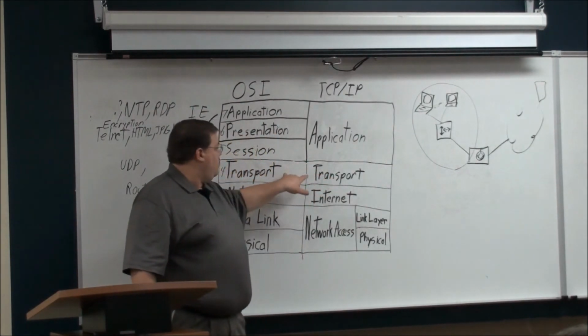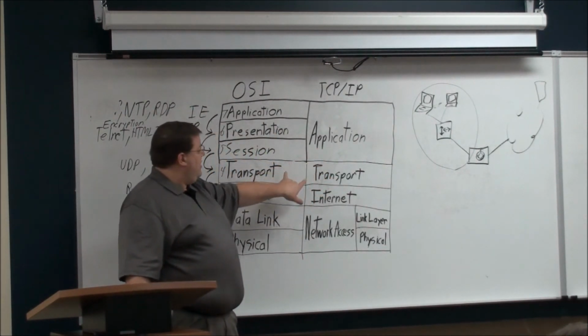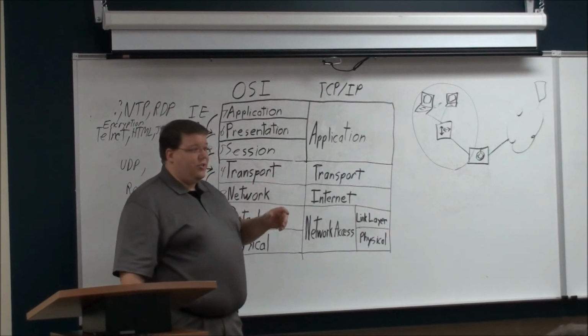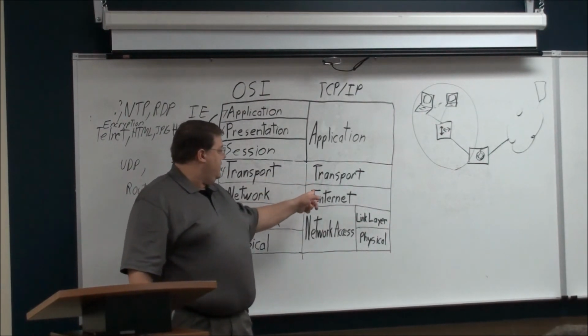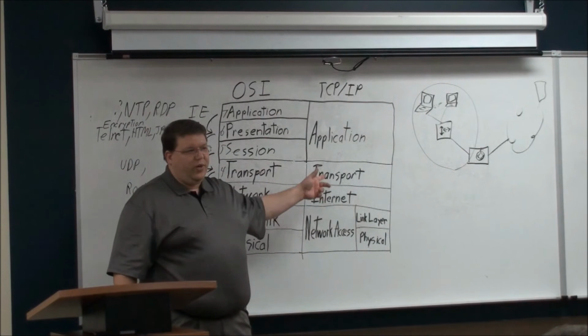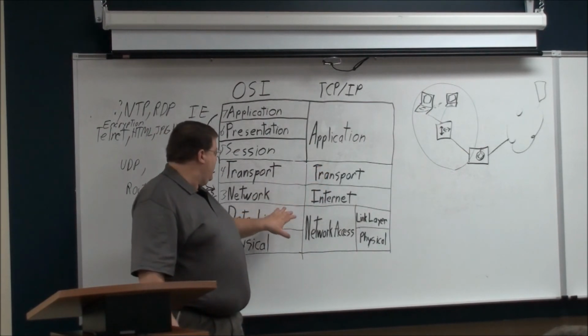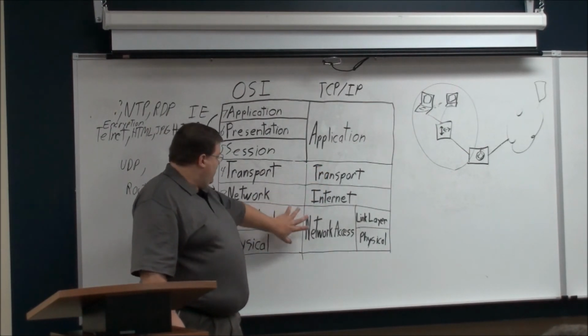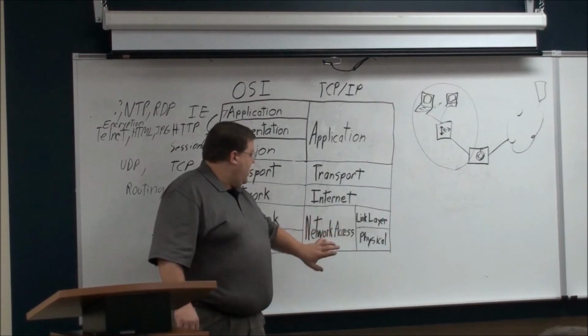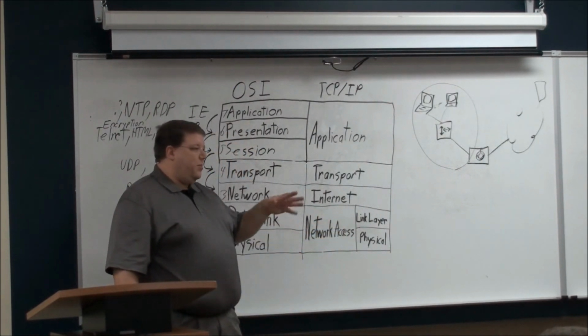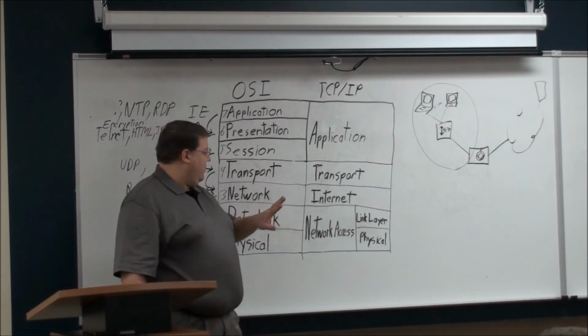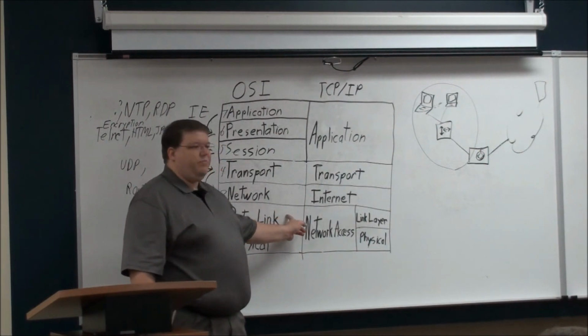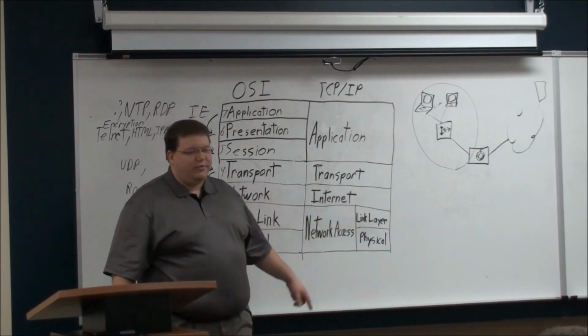We have transport. Hey, that one's pretty easy. It goes back over, and it's the transport layer. The network layer is the internet layer, which is where IP addressing exists, and then data link and physical translate over to network access, which can be broken down a little bit further into link layer and physical, which directly correspond to these over here.